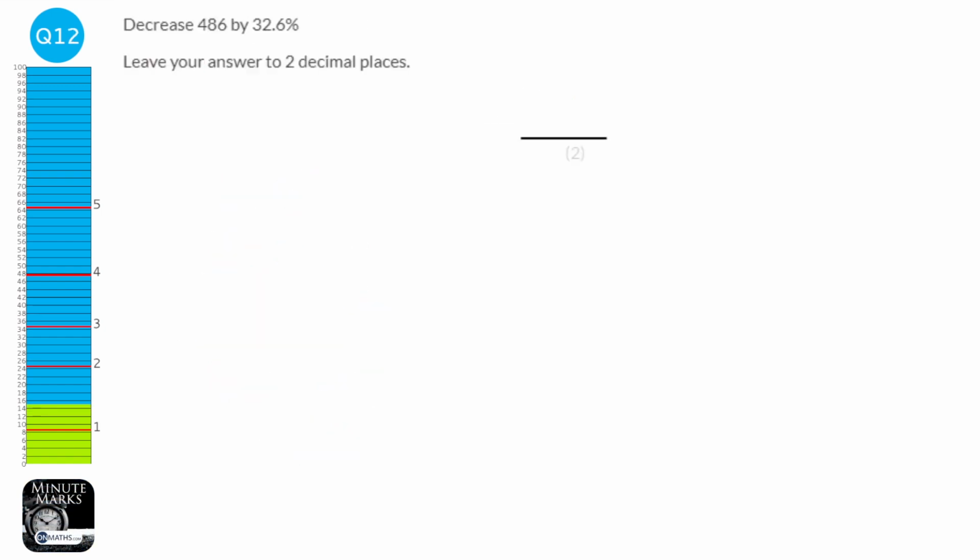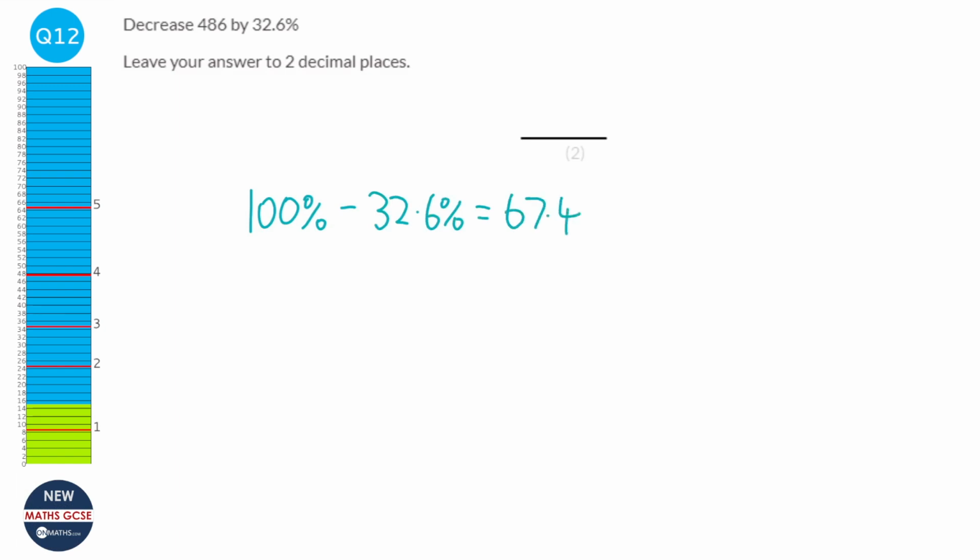We're going to start off by finding what the multiplier will be. So we'll start off with 100%, and it's a decrease of 32.6%, so we're going to take that away. And that will leave the percentage as 67.4%. Next we need to convert that into a decimal, so we're going to divide it by 100, and that will make it into a multiplier.